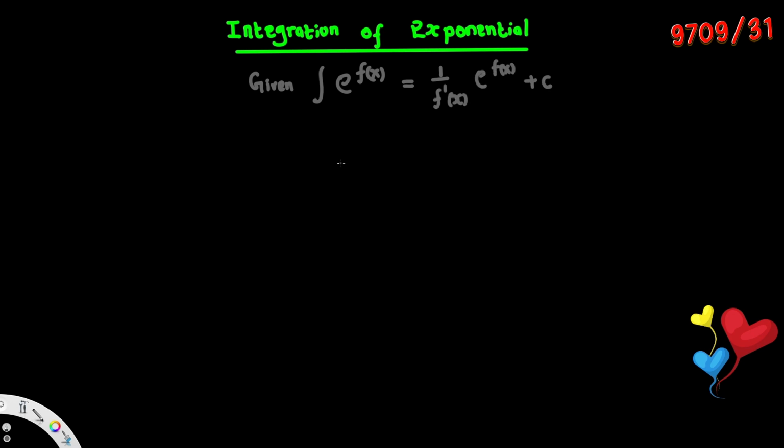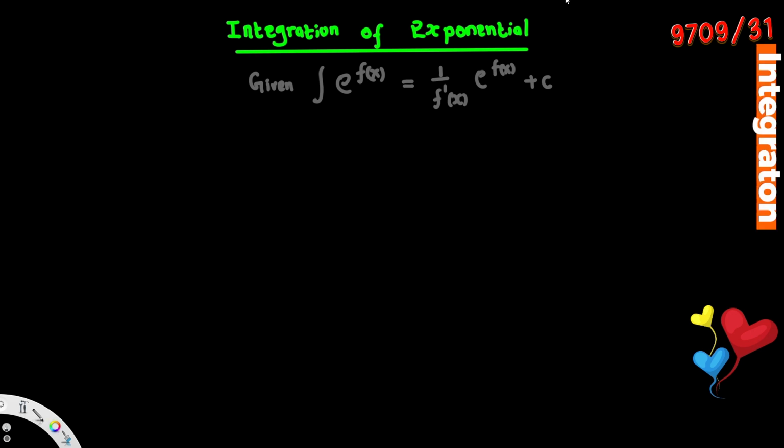So if you have e to the power f of x and you're supposed to integrate that, the first thing to do is find the derivative of the power. So the answer is going to be 1 over the derivative of the power times the function that you are given, then plus c.